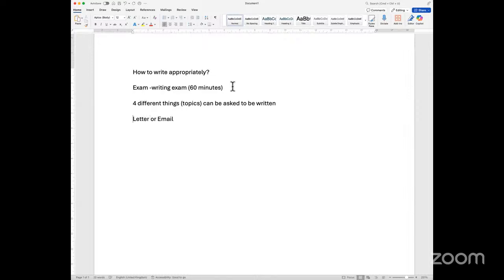It'll be one of the two. And the second would be an article or a report. Again, either one of these will come in the exam. So you don't get a choice whether to write an article or an email or a report or a formal or informal letter, but essentially you'll be given a topic.